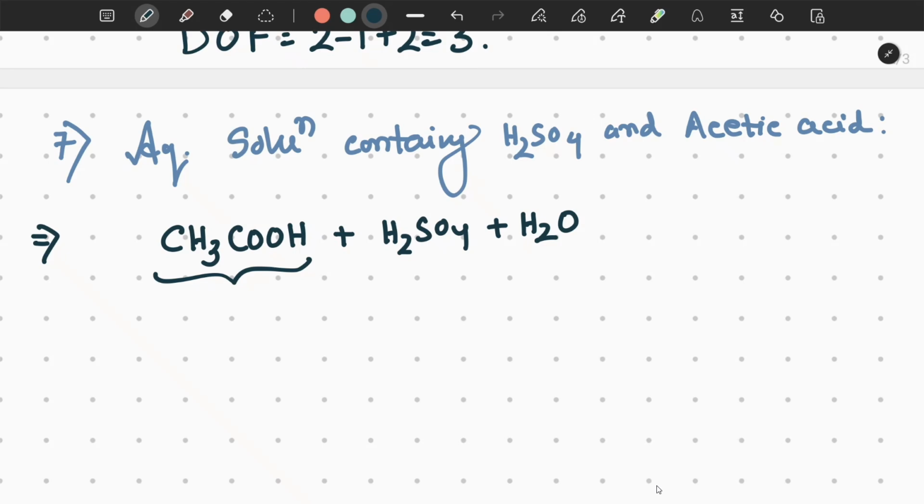Like I'm giving you an example, glycerin plus water. How many phases? I can distinguish two phases, but how? Glycerin is also colorless.